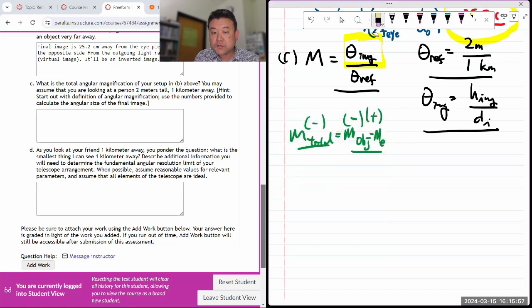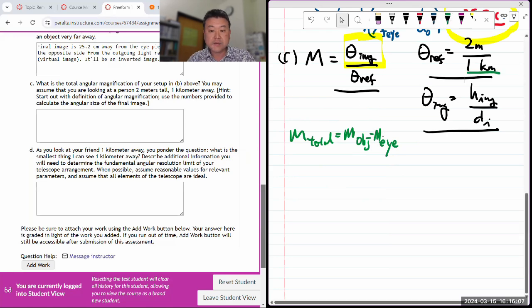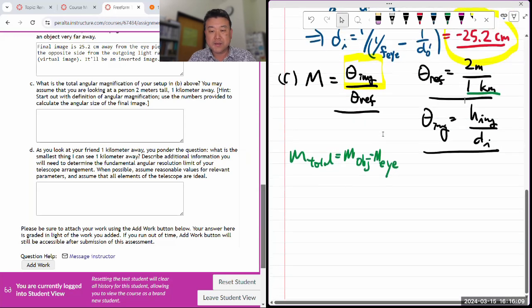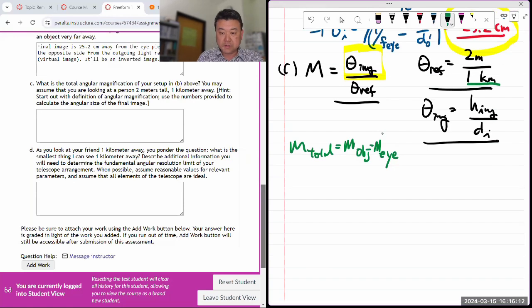It helps that the question is letting me use some actual distance of the object, because otherwise, in the linear magnification expression for the objective lens, minus di over do, if do is infinity, you get something that's zero.